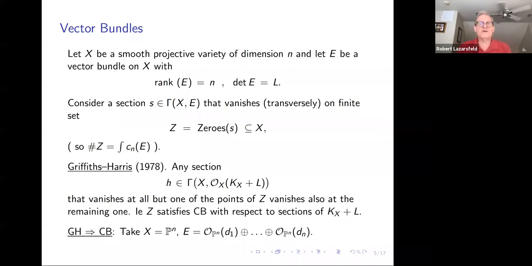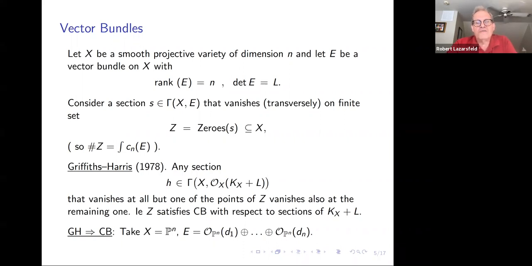So, okay, let's start with a smooth projective variety X of dimension n. And let's look at a vector bundle E on X whose rank is also n. That's important: the rank of the vector bundle is supposed to be the same as the dimension of the variety. And we're going to want to look at the determinant of E. That's a line bundle, and we'll just call it L. So L is just what we use for the determinant of E. Okay, now let's imagine that we have a pretty nice section of E. So what's going to happen?